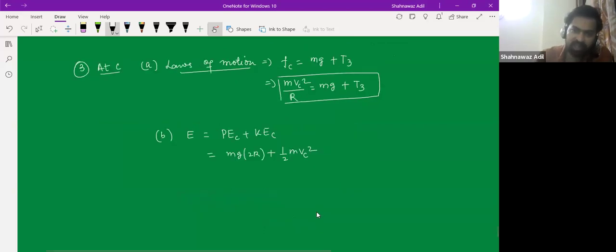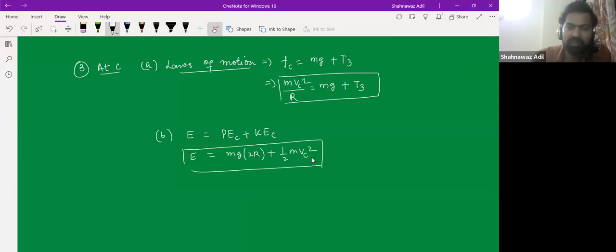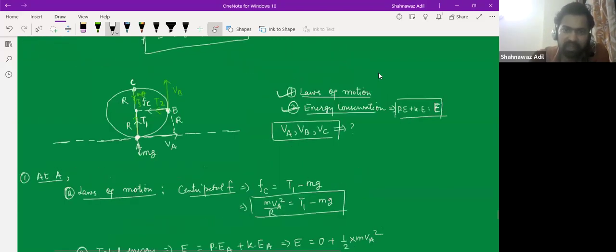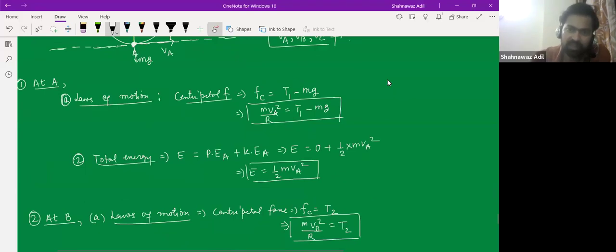So this is the total energy. Right. And yeah, so these are the six equations that I have.